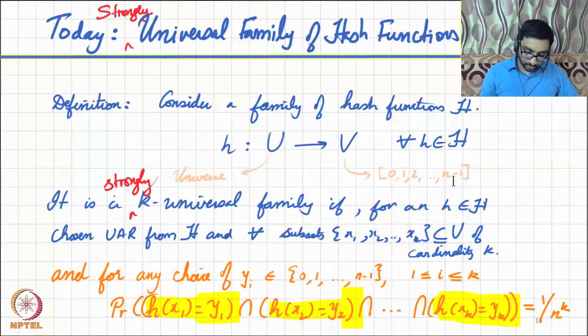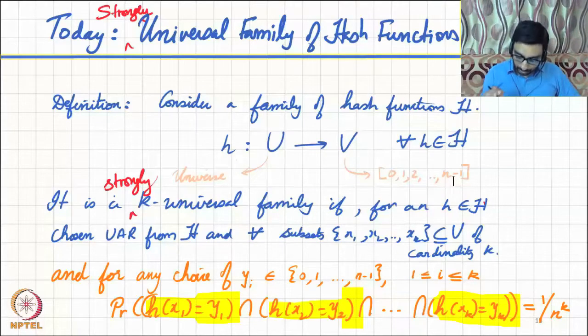And now for any choice of yi's ranging from 0 to n minus 1, basically yi belongs to V. Now the probability that x1 is hashed into y1 and x2 is hashed into y2 and so on up to xk hashed into yk should be at most 1 over n to the k.